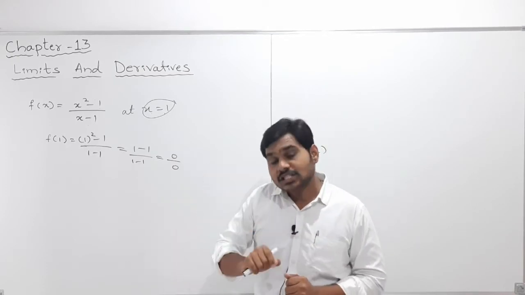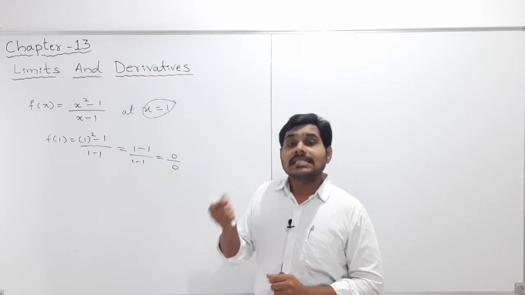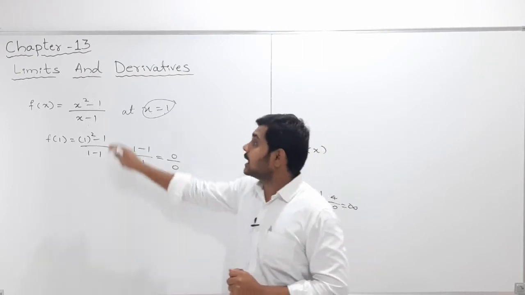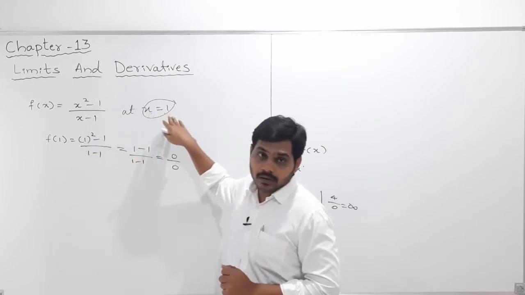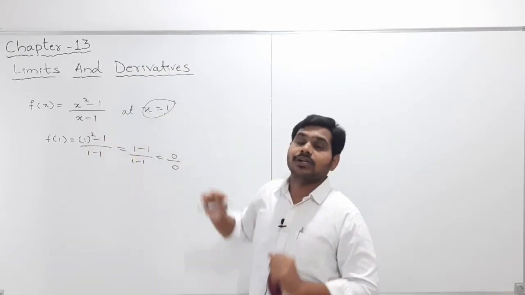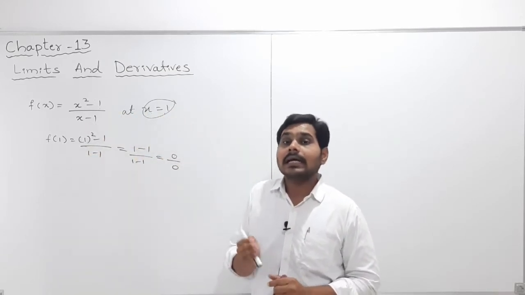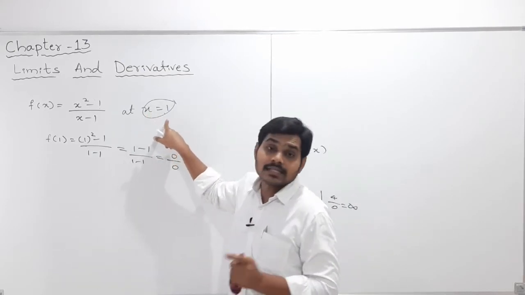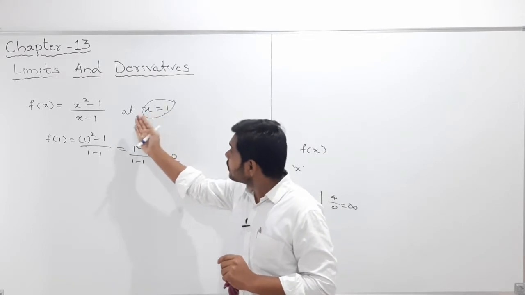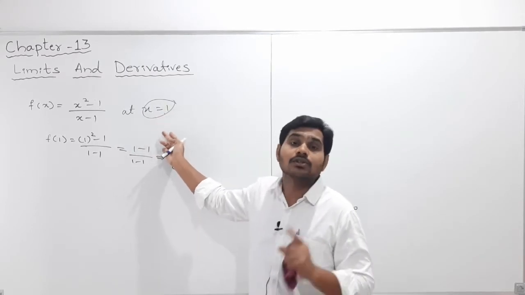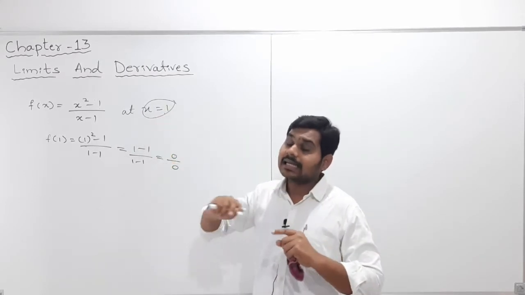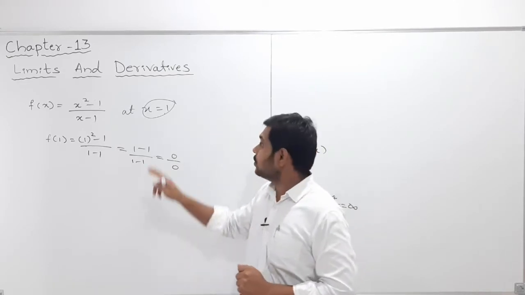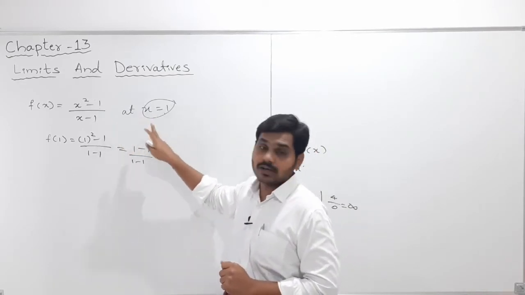So in such situations where we cannot determine the function at a particular value, I'll consider the neighborhood points of this x equal to 1, then I'll calculate the approximate value of this function at x equal to 1.